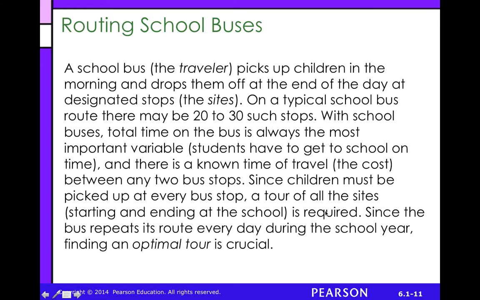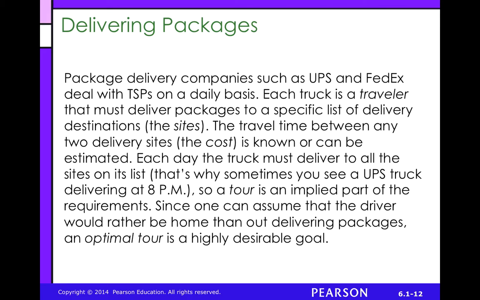So the school bus wants to minimize the amount of time it's on the road. That's a traveling salesman problem. So every single day, every single school bus, right, is solving a traveling salesman problem. And presumably, the school district has hired a mathematician to try to solve that problem for them, right? But again, these kinds of problems happen all the time. As I already mentioned, delivery companies like UPS and FedEx are always dealing with traveling salesman problems.